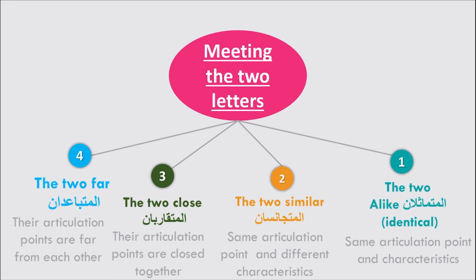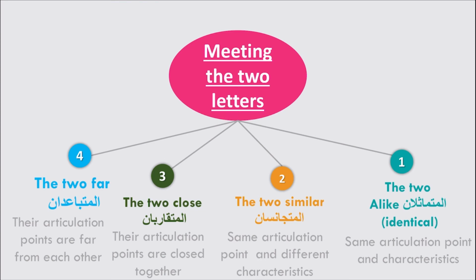Okay, so the 2 alike, like ba and ba, as I just said. وَلْيَكْتُبْ ba. Ba is sukun followed by ba mutaharrik. As you're going to understand the ruling after that inshallah. So this is al-mutamathilan.